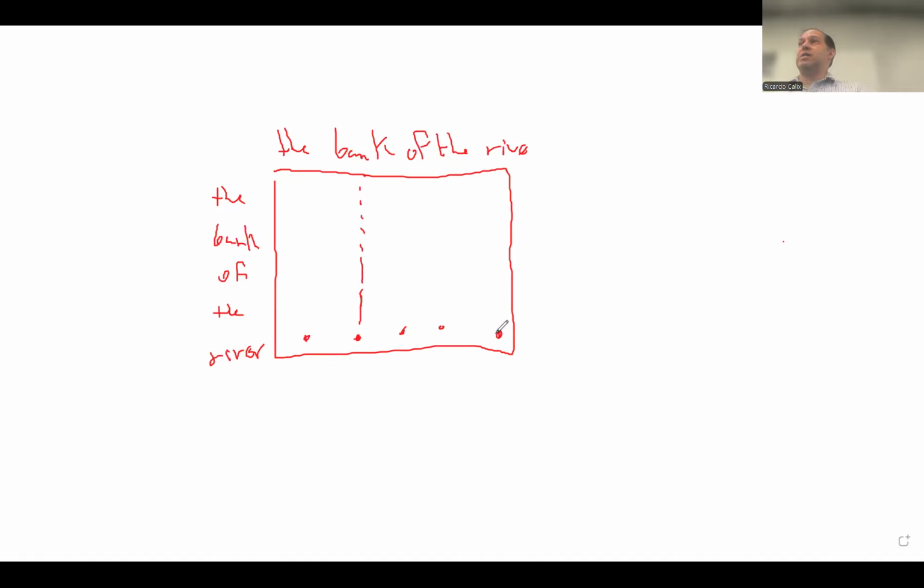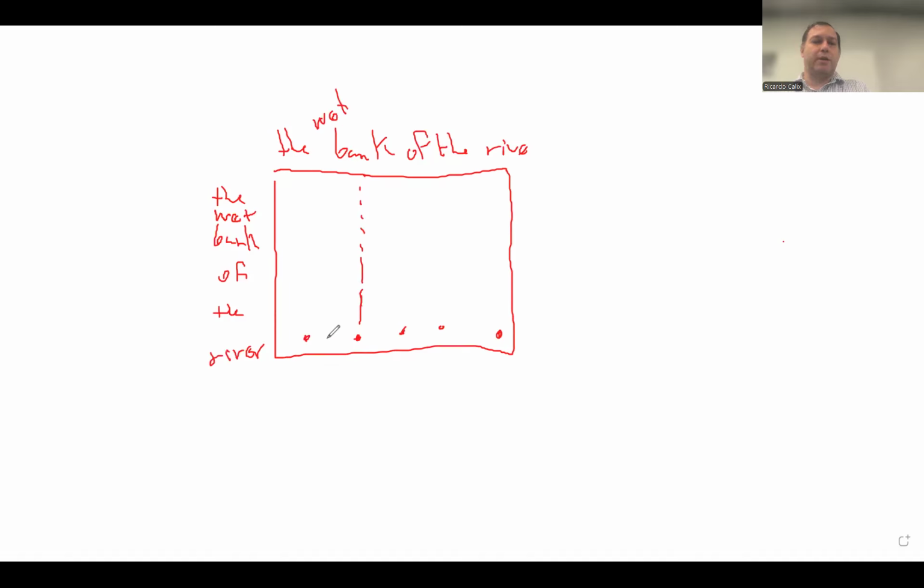Do you see that? So it's not only saying that I pay attention, because it could say, think about this, right? It could say the bank of the river, I'm going to add a word in here, the wet bank of the river.